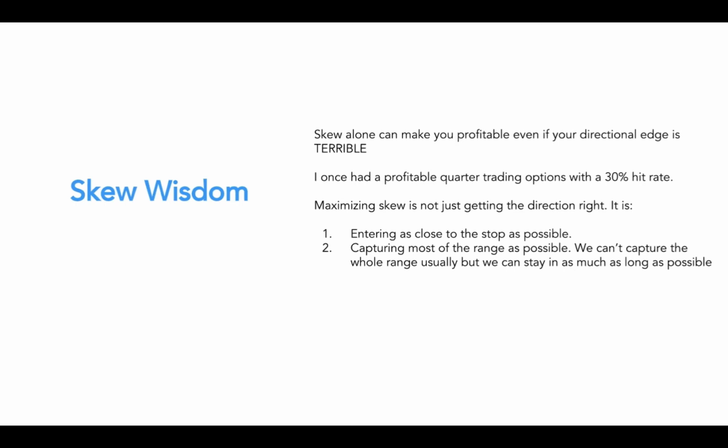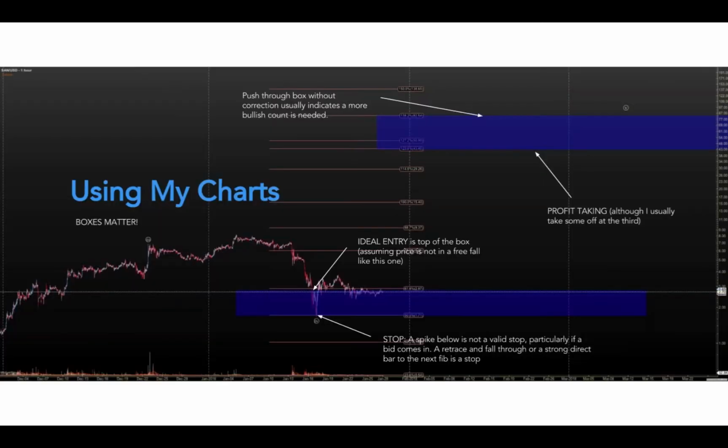You'll be less emotional about the trade, and you'll be very willing to kick a trade out when you hit a stop. So if you do those two things, enter as close as possible and capture as much as possible, you will over time be profitable and be a much more confident trader and really be in control. So it's just something you all have to shoot for.